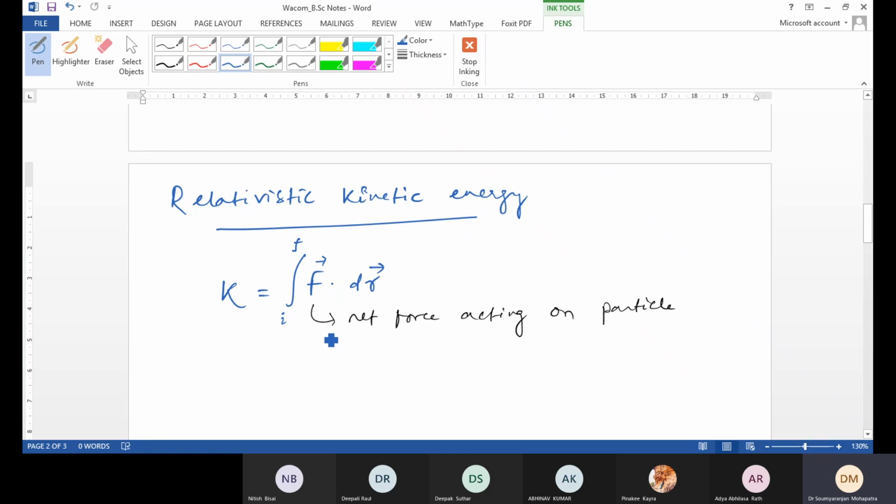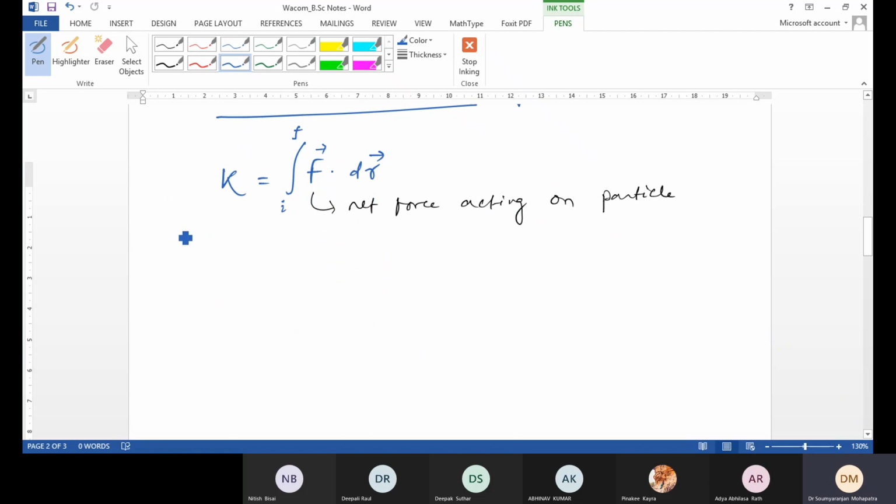Okay, so for simplicity, let us solve this one. Let us assume that the force and the displacement are along the x-axis.